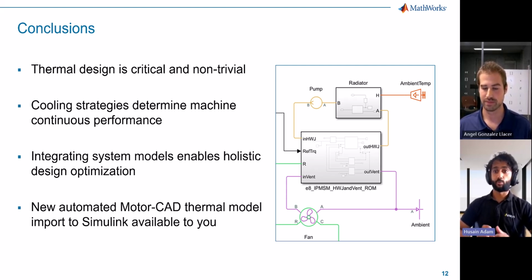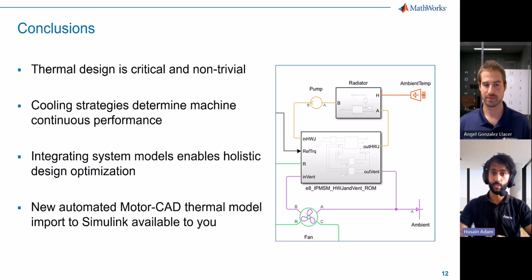We've also shown how simply doing component level analysis is not enough. We can get good results, but we are not getting a full overview of how the machine would behave in a real system. So the integration of the components into system models allows for this holistic design, and also then optimization of the individual components, and optimization of the whole system as well.